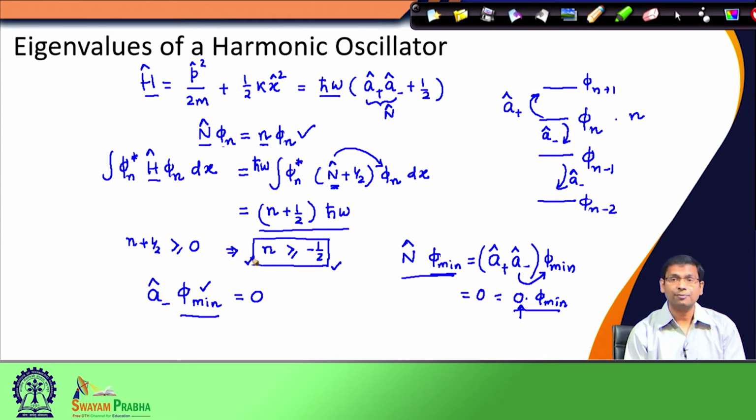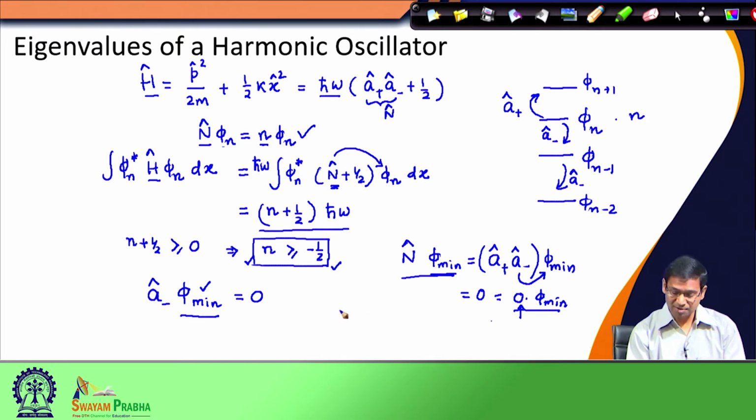The limit that we found from this exercise is that the value of n should be greater than minus 0.5. It could have been minus 0.4, minus 0.3 or any other real number above minus 0.5. But this exercise tells me that the minimum eigenvalue n is going to be 0.